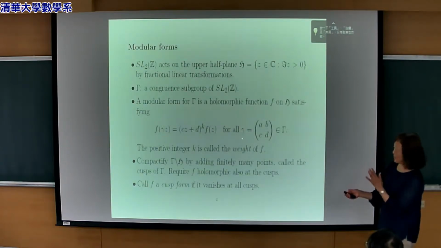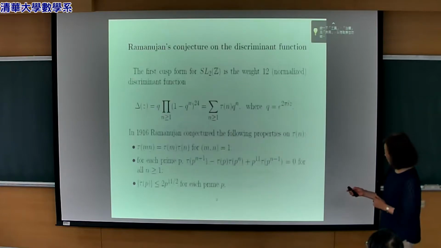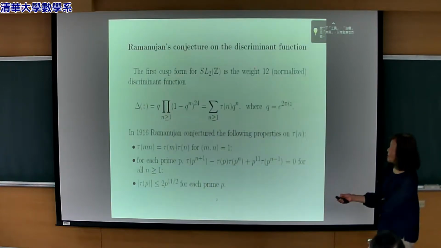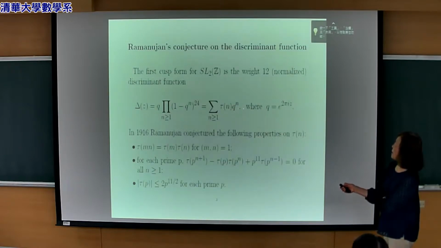That means the function has a Fourier expansion. We can express this delta as a Fourier expansion in powers of e to the 2 pi i z. Because we required it to be holomorphic and vanishing at the cusp, this Fourier expansion starts from n equal to 1 and goes up, and tau of n is the Fourier coefficient.